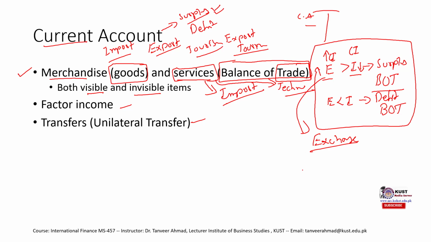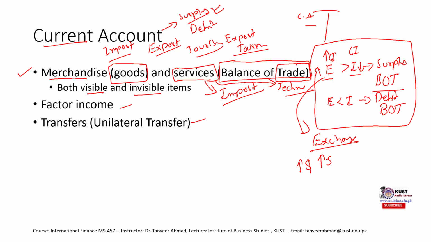See, if we export goods, we get foreign exchange. So, for example, if we are exporting products to the US, we will get dollars, and the supply of dollars would increase, right?